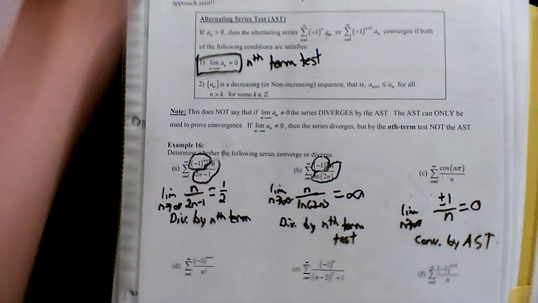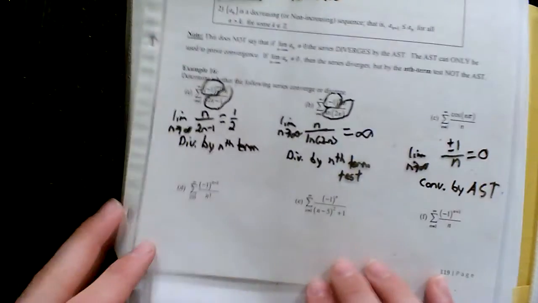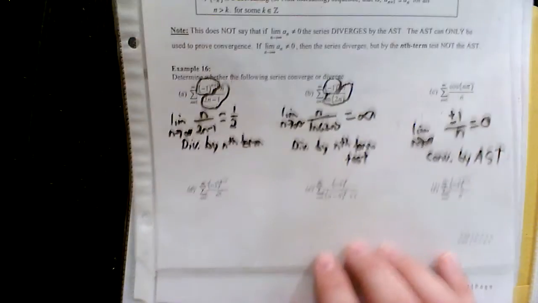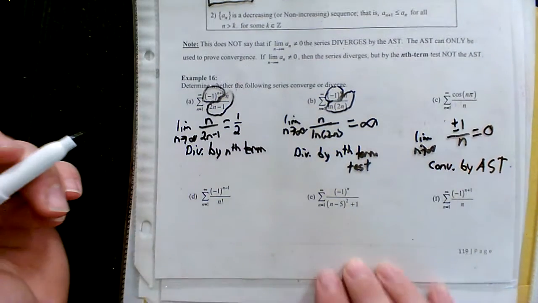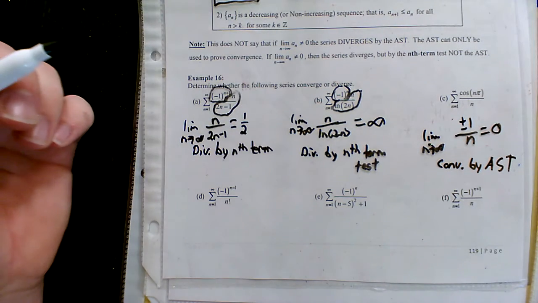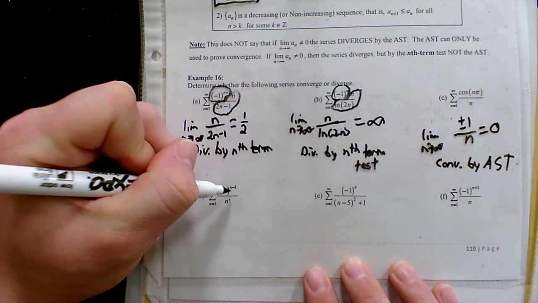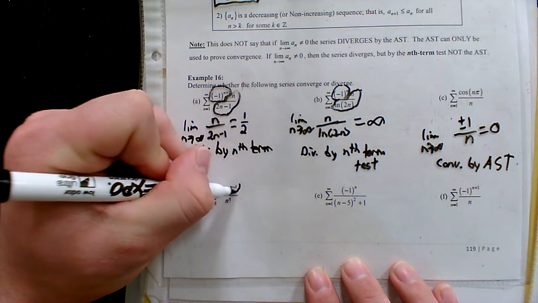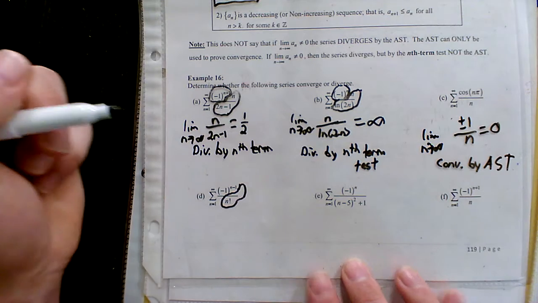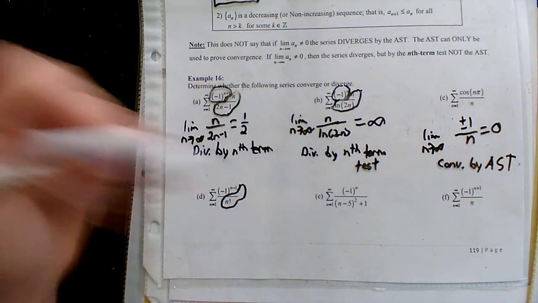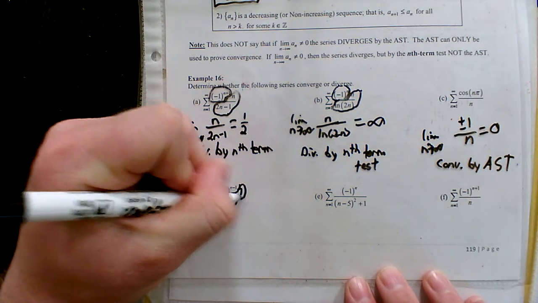Yeah. Okay. Let's go to letter D. All right, so do we see an alternator in this one? Yeah, we do. So we want to separate that out, but what's left on the top? Yeah, if we get rid of that alternator, we're left with a 1 on the top.